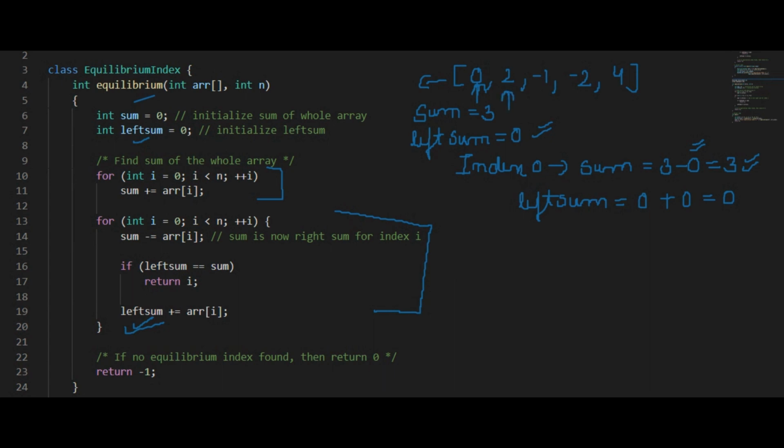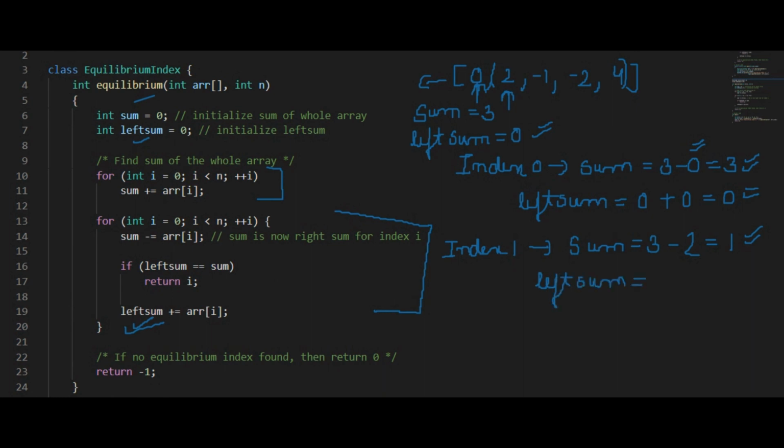For index 1, our sum is the total sum. But now our sum will be the previously calculated sum minus the current element, which is 2. Then we will check if left sum, which is 0, is equal to the sum, which is the right sum for this index. If they are not equal, then we will continue forward. Now we will calculate left sum for our next index.